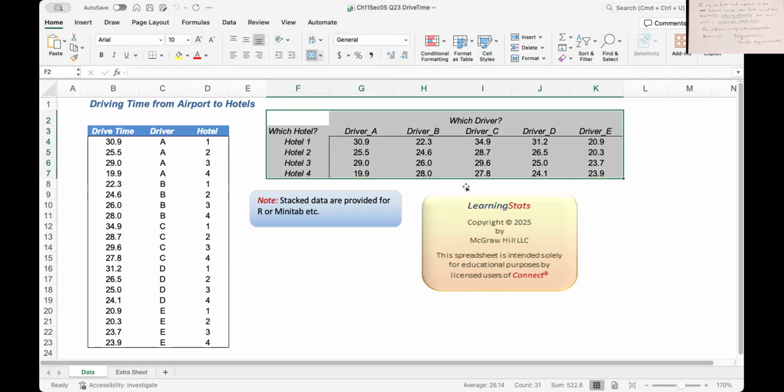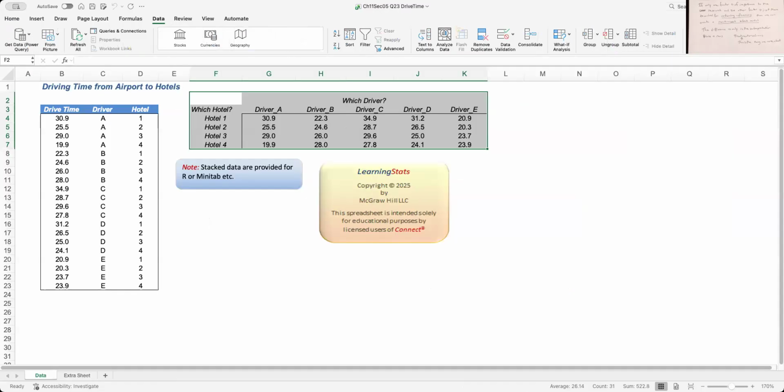I want to run what test here? I go to my data section, tell it to do the analysis, but I've got to know what I want it to do.